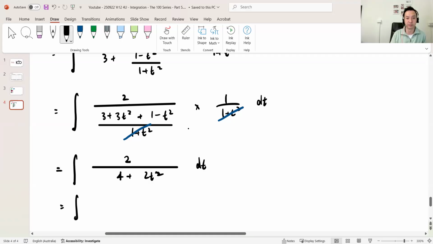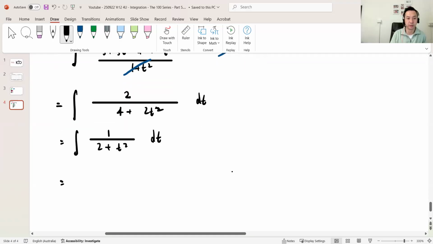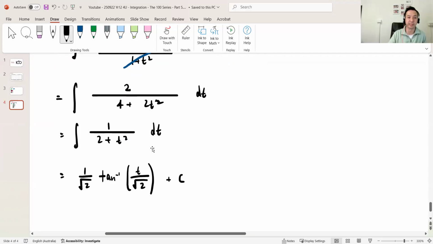So it becomes like 1 over 2 plus t squared. Tan inverse, is that right? Yep. So that's like 1 on root 2, because a is root 2, tan inverse of t on root 2 plus c, and then sub t as tan x in there, right?